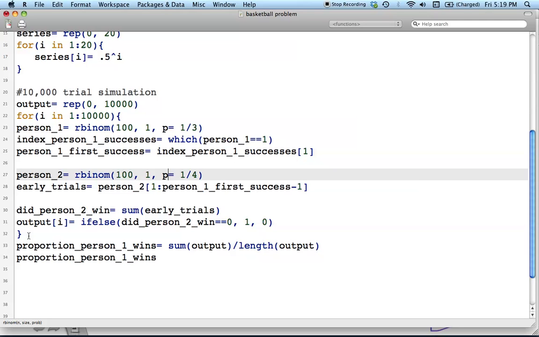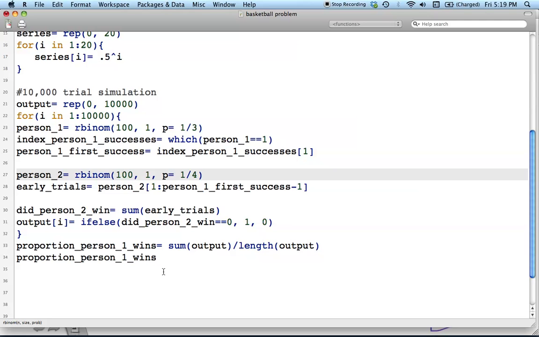So after I do that, I should have a vector 10,000 elements long of 1s and 0s. If person 1 was the first person to score, there should be a 1. If person 2 scored before person 1, there should be a 0.